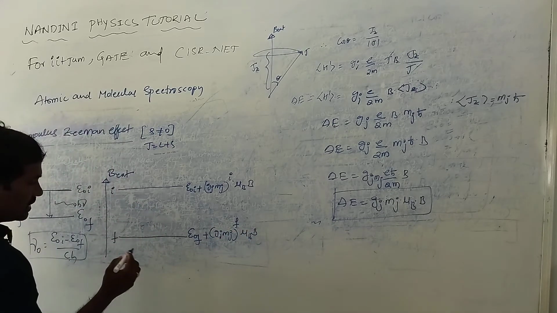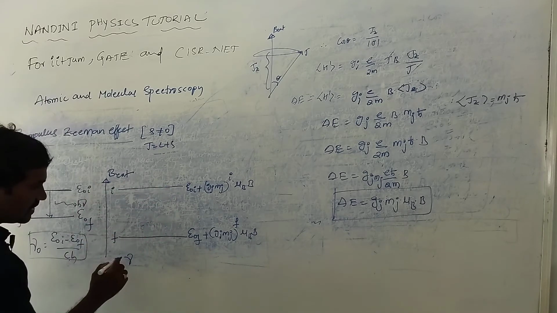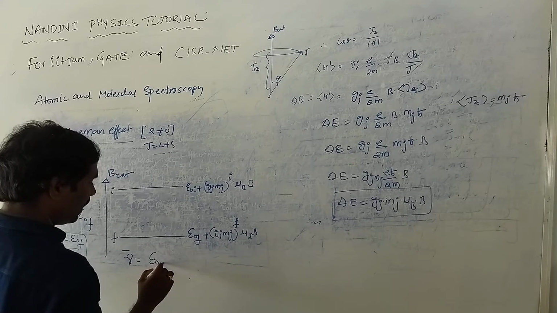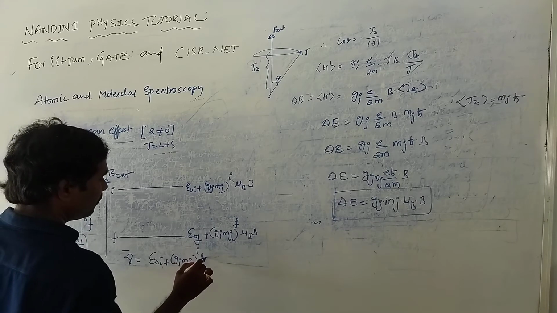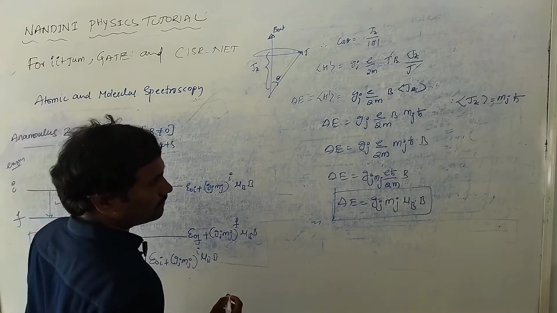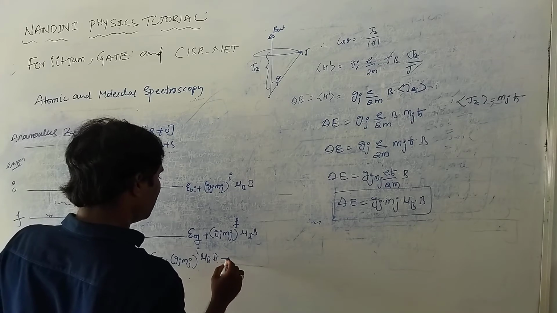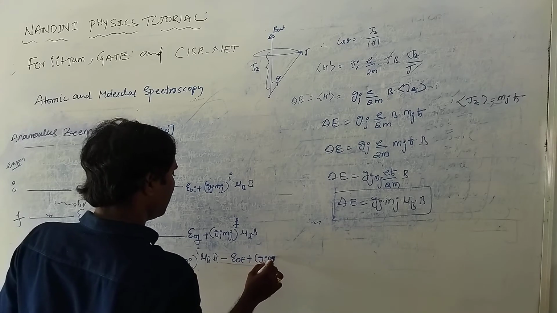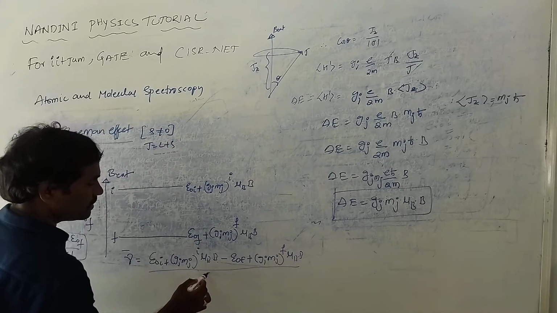So what is the total energy shift? I want to find the total frequency of the excited states. So nu bar is equal to E naught I plus Gj Mj I mu B B, minus E naught F plus Gj Mj F mu B B, divided by Ch.